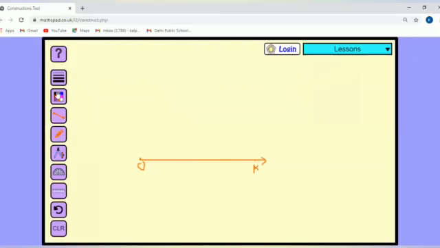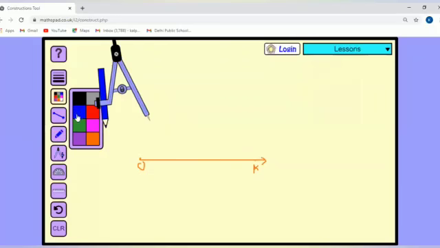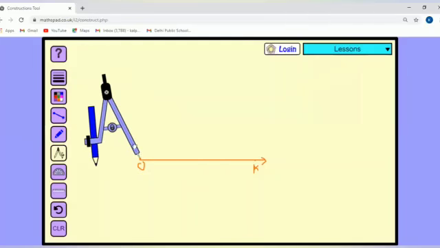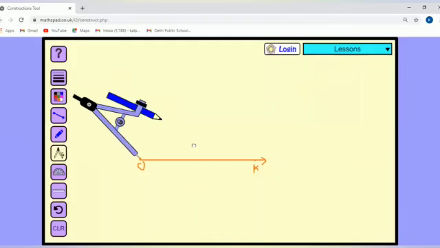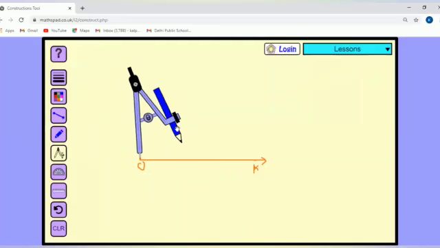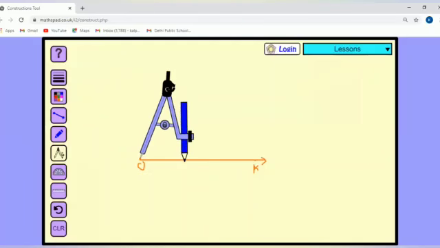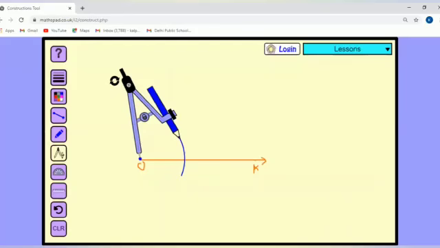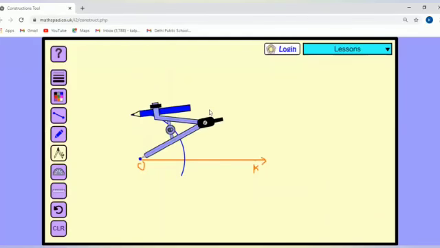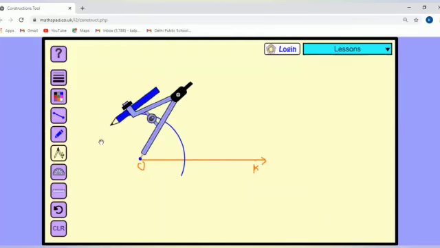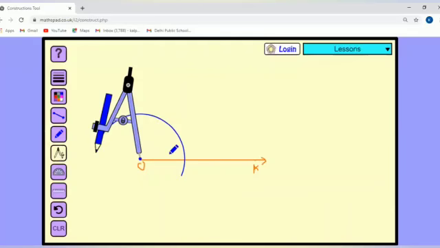Taking O as center, with convenient radius, draw an arc. And same way, name this arc as PQ.